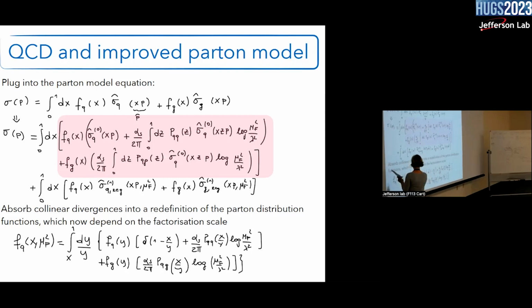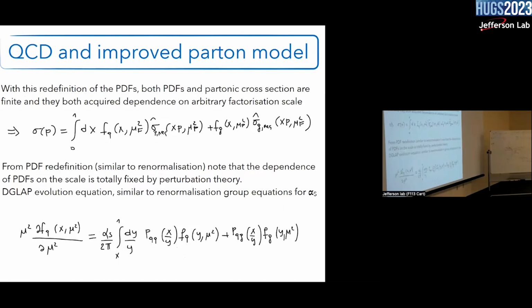And the function that you have redefined now depends on mu f: it is the bare function you had before plus this kernel here, which is process independent, purely the collinear remainder of this thing, which has nothing to do with the process. We never use the process. So the P_qq, the function you have here that you have to reabsorb to redefine the Parton distribution functions, is universal.